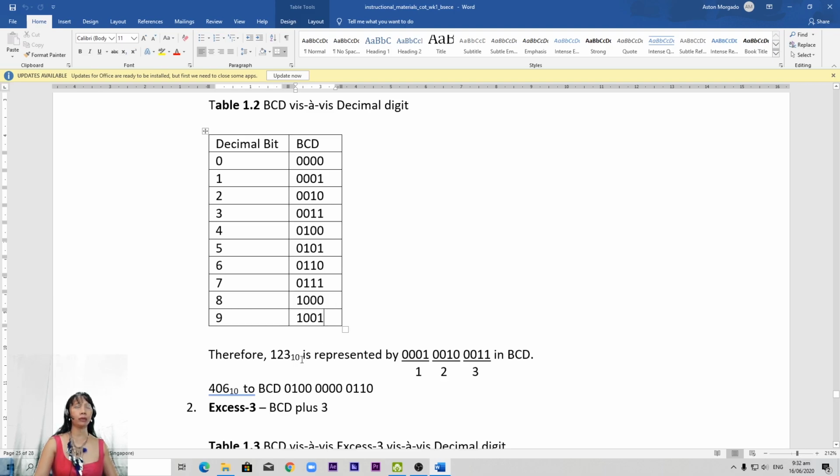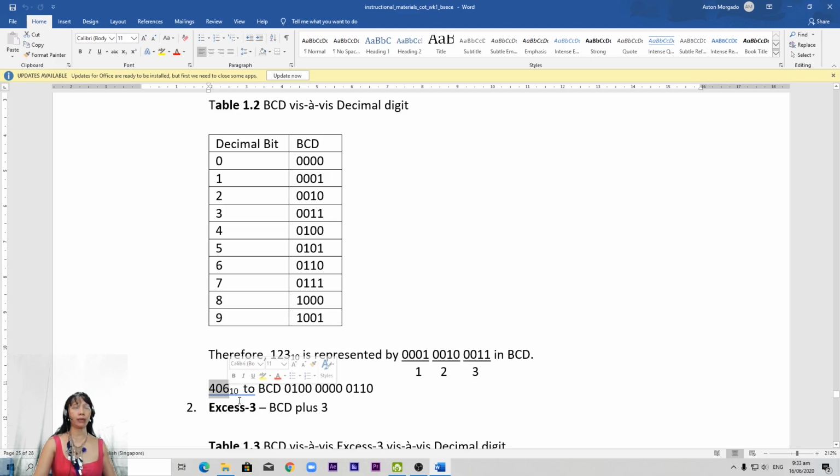So example here. If we have 123 in base 10, in BCD it should be represented by 0001, 0010, and 0011. So each digit in decimal again should be represented by 4 bits in BCD. Next, what if we have 406 in base 10?